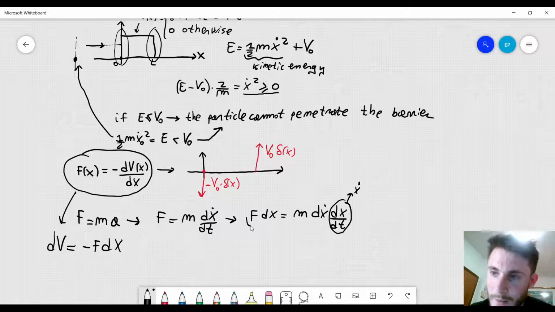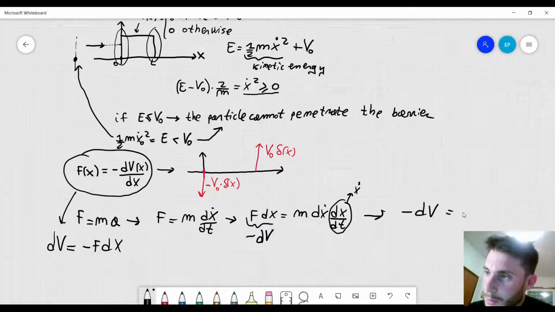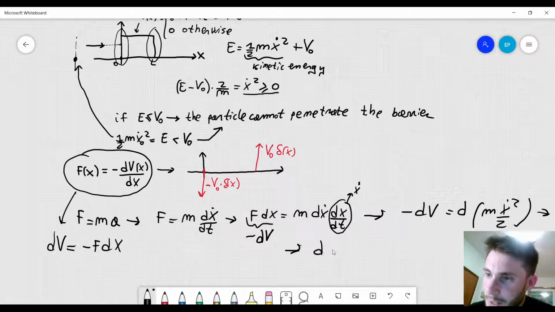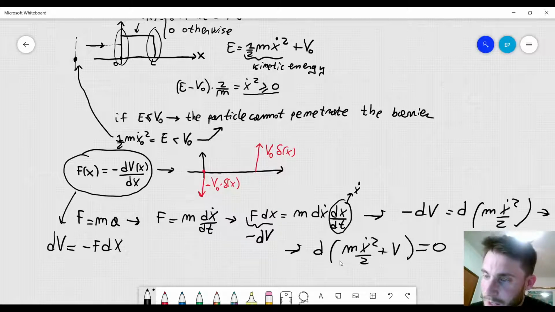So here we have minus dV, and from here you get that minus dV is equal to, we can rewrite the right hand side as the differential of m times x dot squared over 2, which is the kinetic energy. And from here we can see that we get the differential of m x dot squared over 2 plus V is equal to 0, which means that this quantity here should be equal to a constant, and we know that the constant is just the energy E.